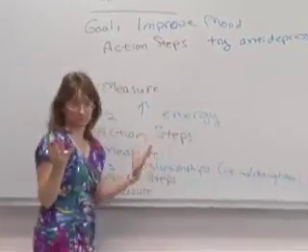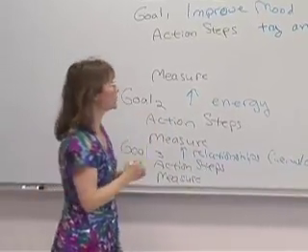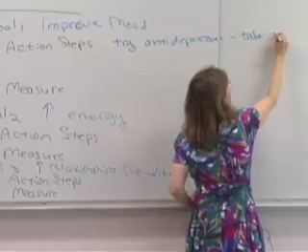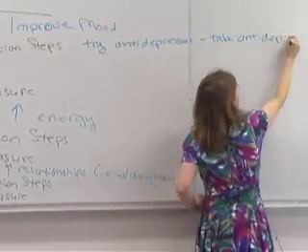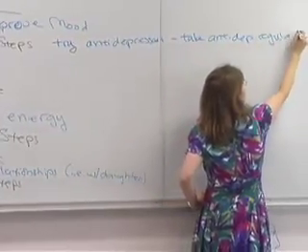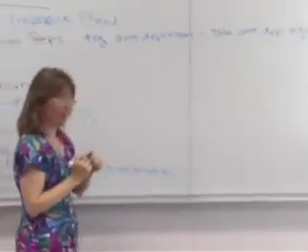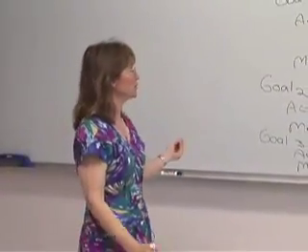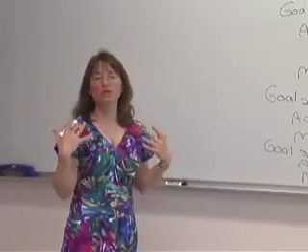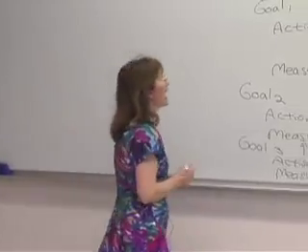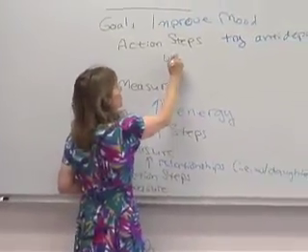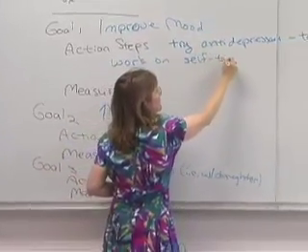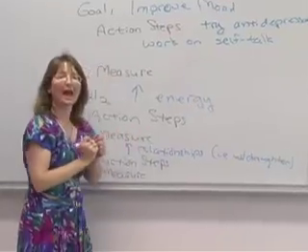So one action step would be to try an antidepressant, or you could sort of more formalize that, take antidepressant regularly. What else is something that somebody could do to improve her mood? Well, let's say that you have worked in cognitive behavioral therapy and you want her to work on her self-talk.